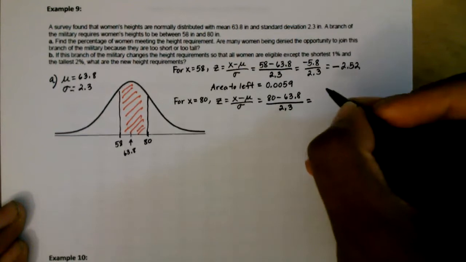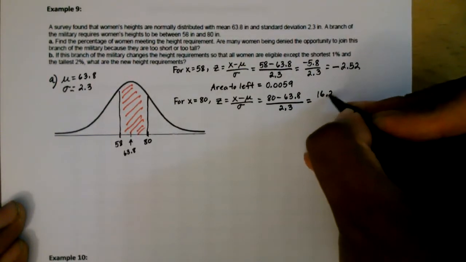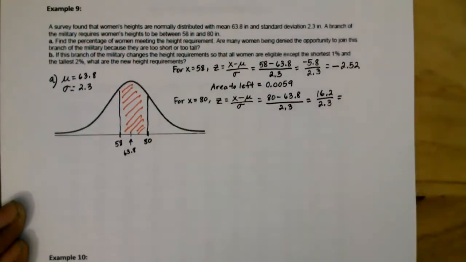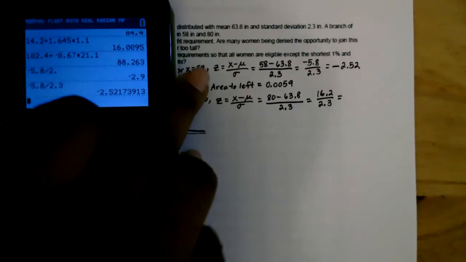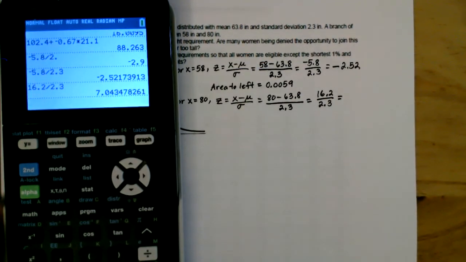So 80 minus 63.8 is 16.2. 16.2 divided by 2.3, to two decimal places, would be 7.04.